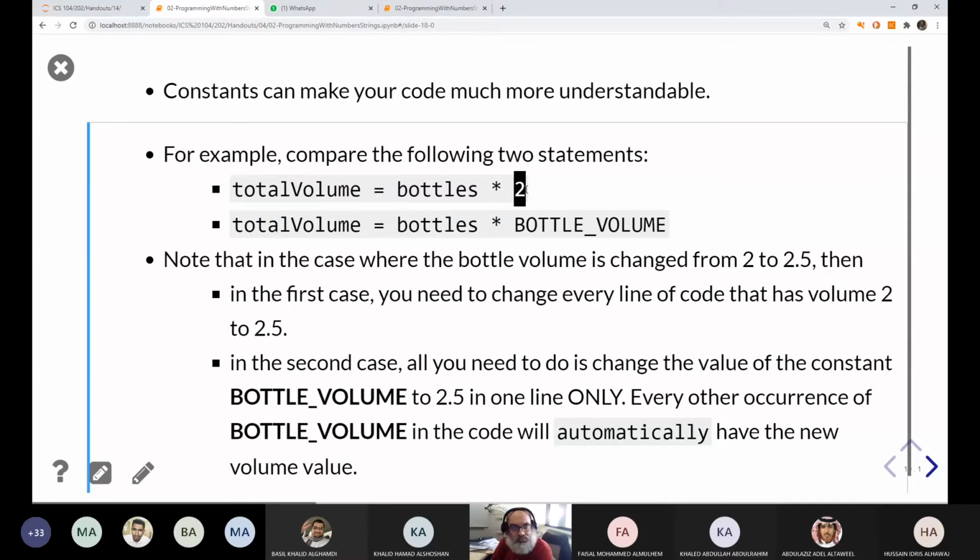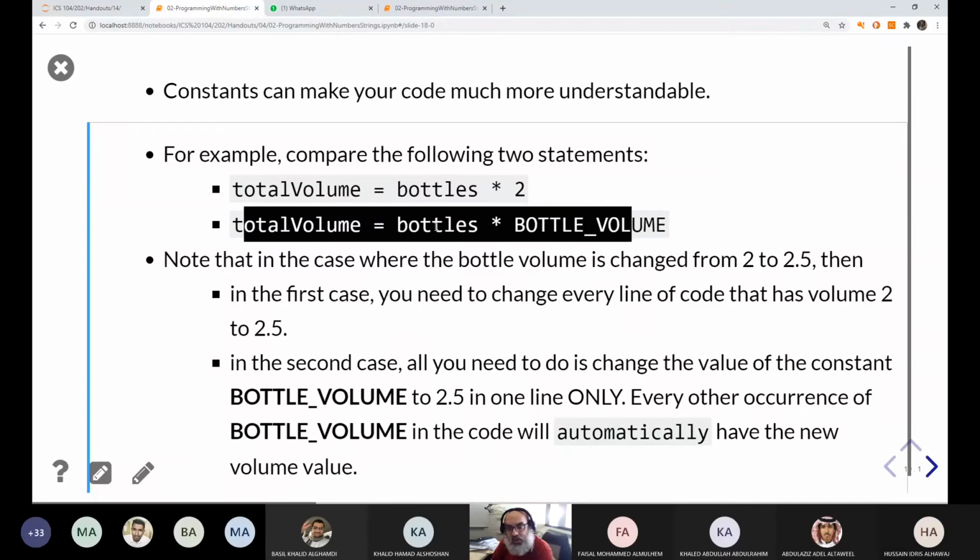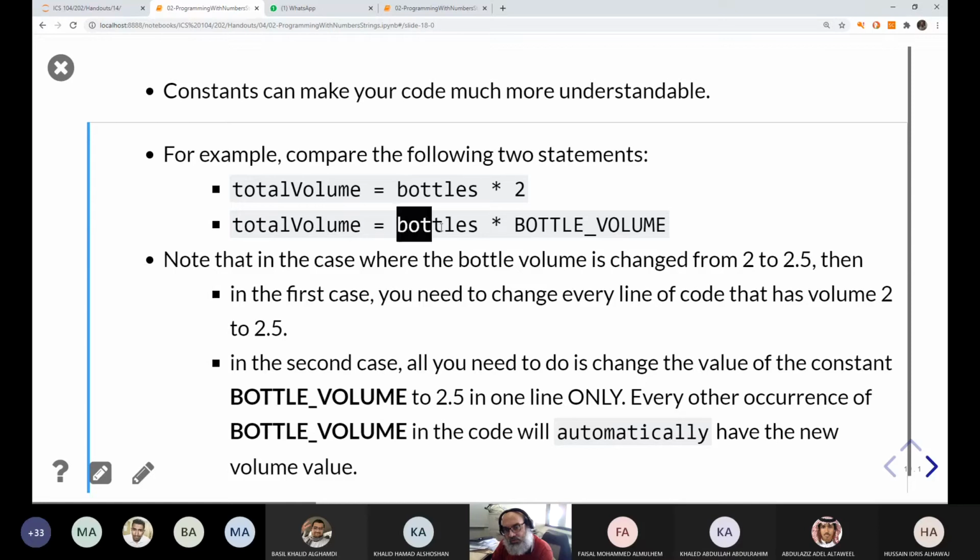Why 2? Whereas the second statement tells you that you are multiplying the number of bottles by the volume of each bottle, and so this gives you total volume. This makes perfect sense.